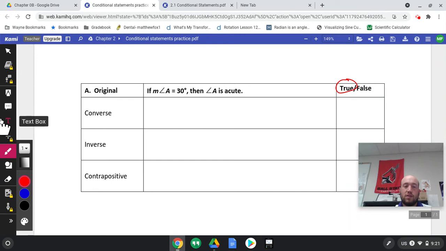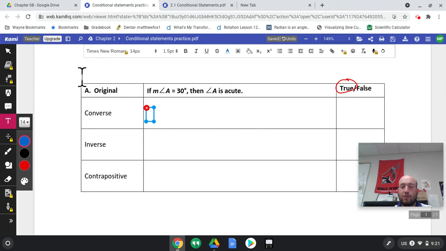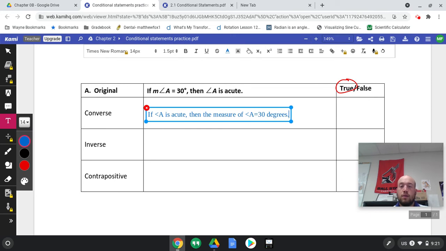Now the converse. And keep in mind, I'm not going to be able to type these symbols, so it might look a little different because I'm going to have to write it in words. But our converse, the front and the back switch. The if and the then stay. So if angle A is acute, then the measure of angle A equals 30 degrees.